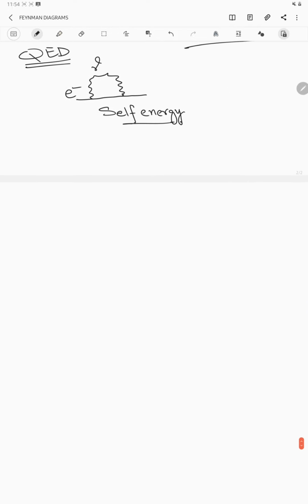Okay, so I was talking about QED now. In QED, we could also have one diagram that looks something like this. Let me first quickly draw it. This is an electron propagating like this, and at each vertex you have a photon.